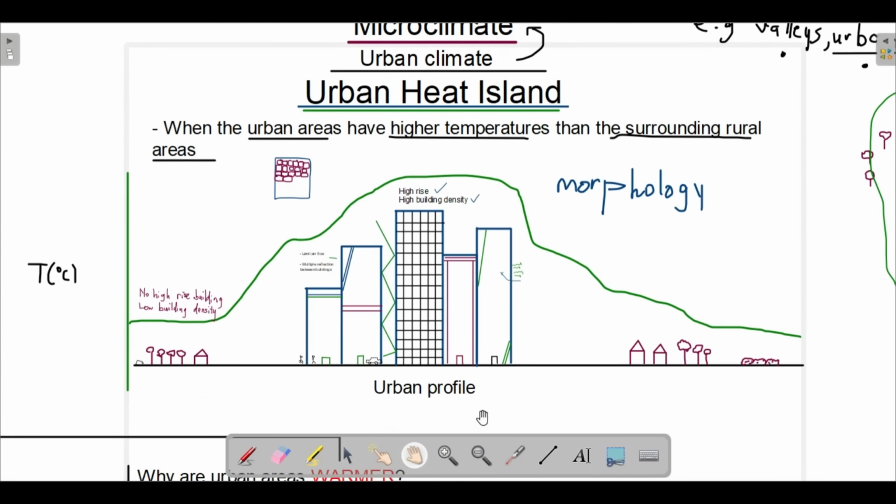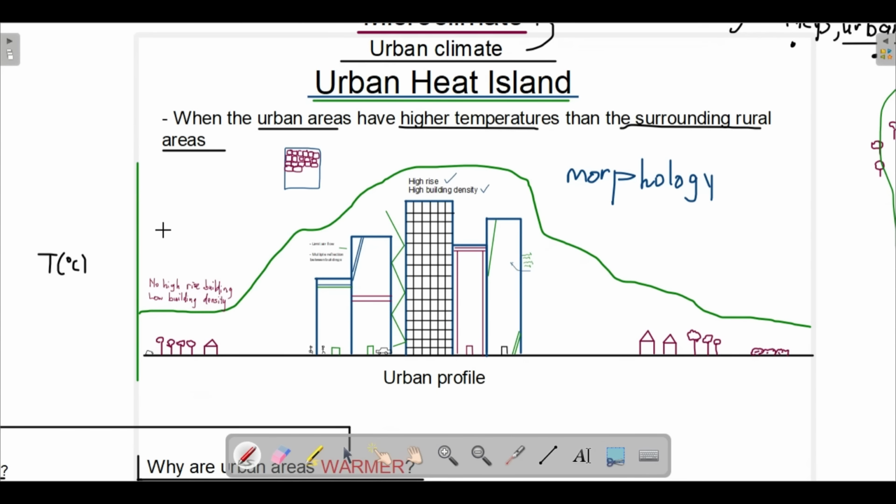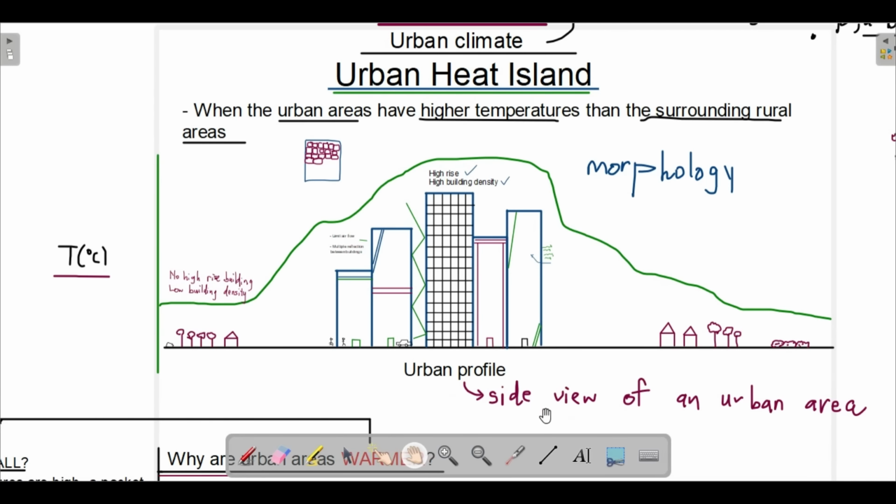In the exam, you typically find this diagram. It records temperature on the y-axis and has urban profile on the x-axis. Urban profile is simply the side view of an urban area. We'll have a better drawn out urban profile when we look at land use zones in settlement geography.